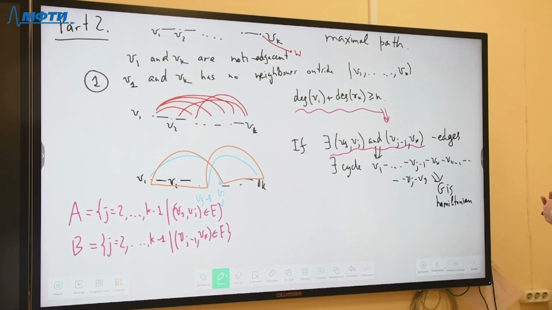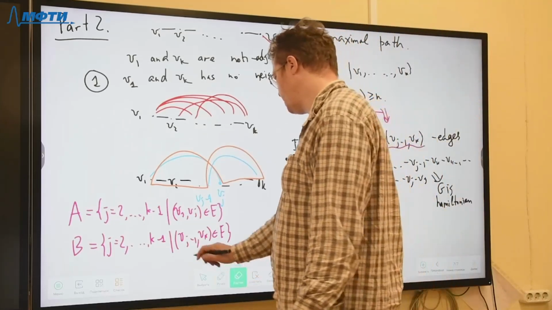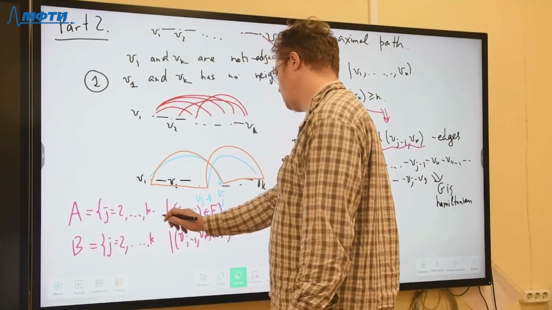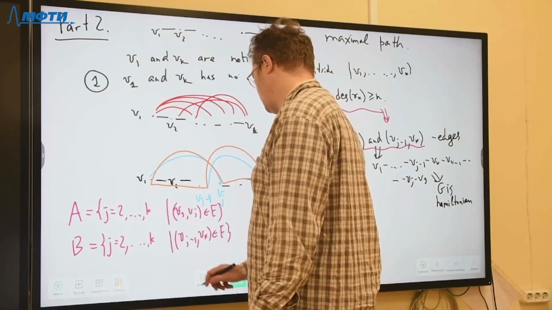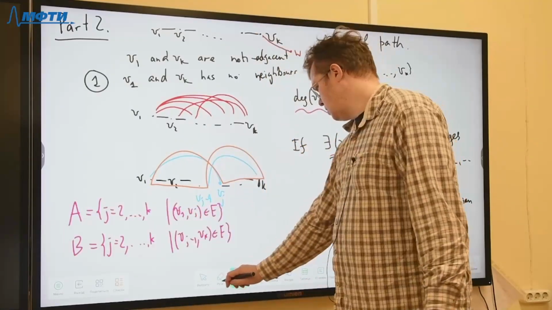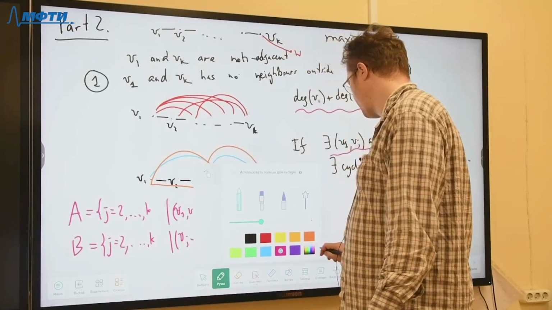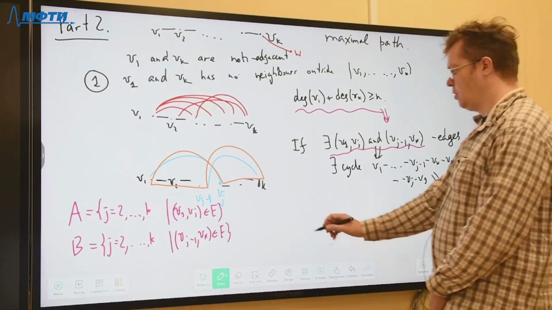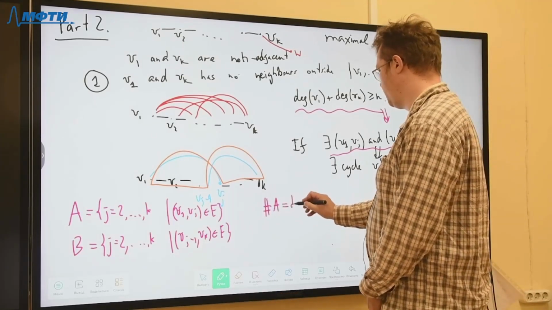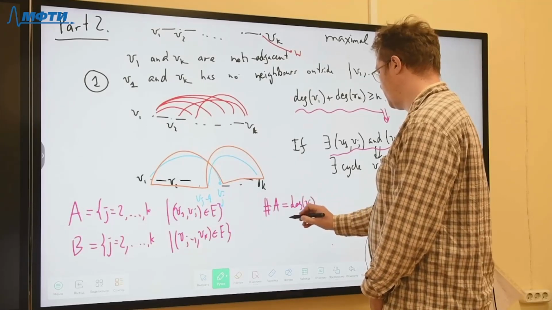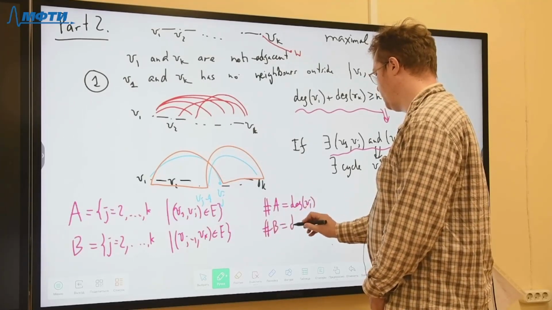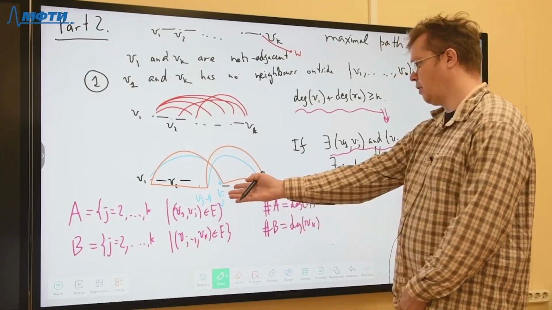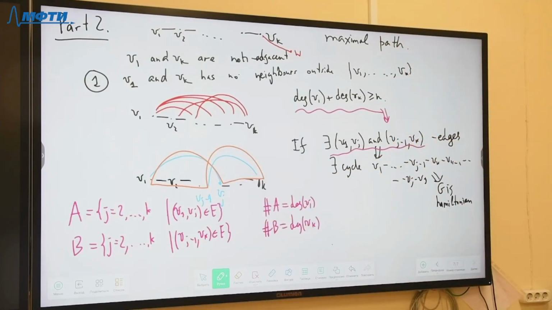Maybe I need to write this until k, I don't know. Maybe I should write until k here. Yeah, so the number of elements in A will be the degree of v_1. The number of elements in B is the degree of v_k, because v_1 and v_k connect only with these vertices.